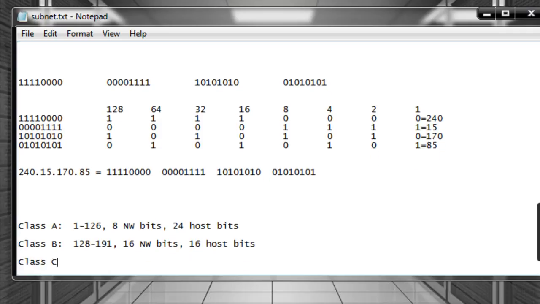And then we've got Class C, which is 192 through 233 with 24 network bits, 8 host bits.